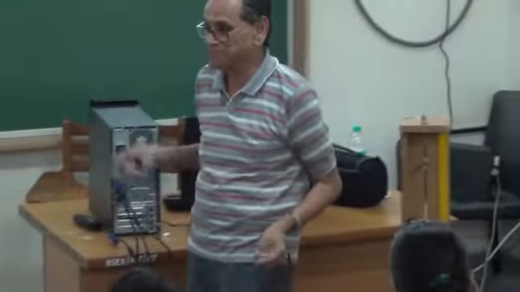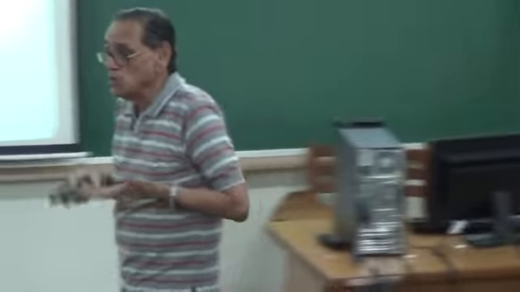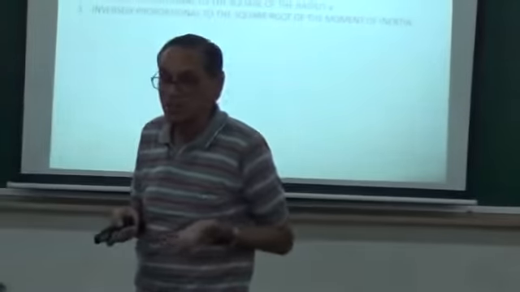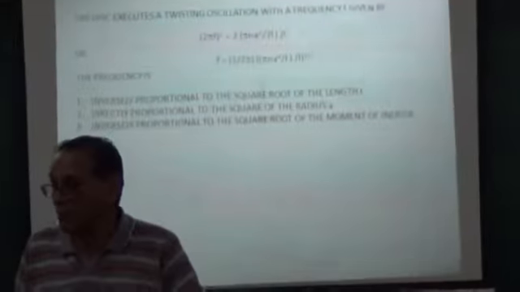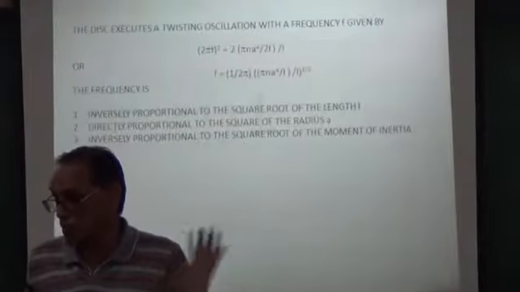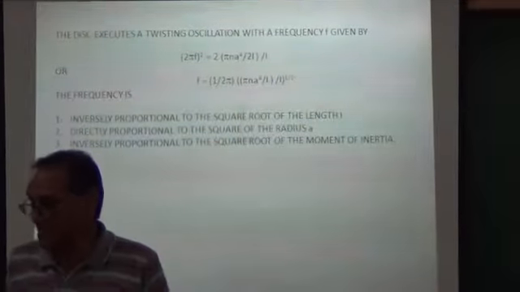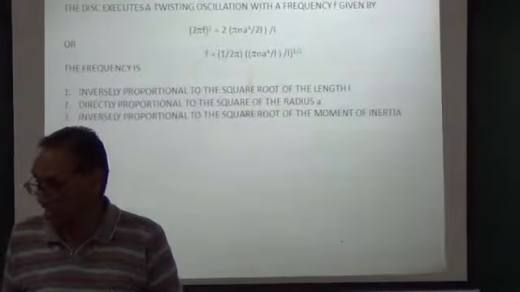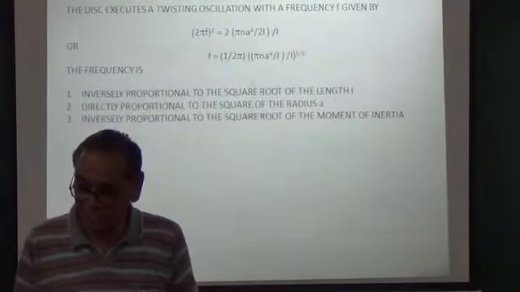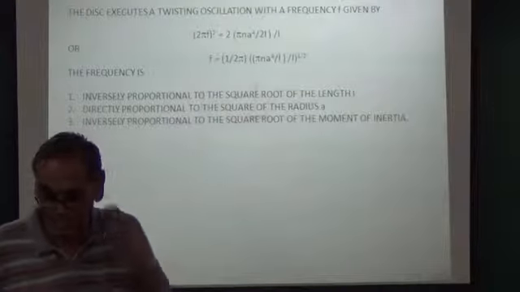And to know the mass of the disc, you can calculate the moment of inertia. It is mass into radius square by 2. So I know the dimension of the disc, I know the density of brass, so I can calculate the mass and I can calculate the moment of inertia.